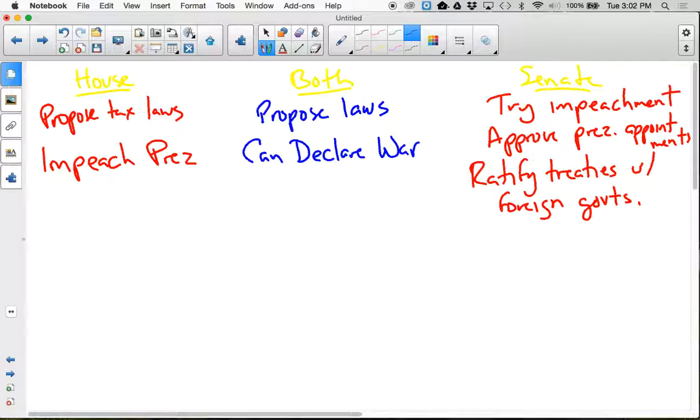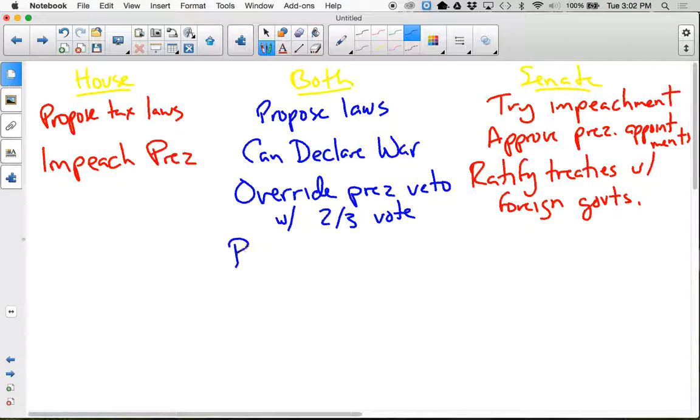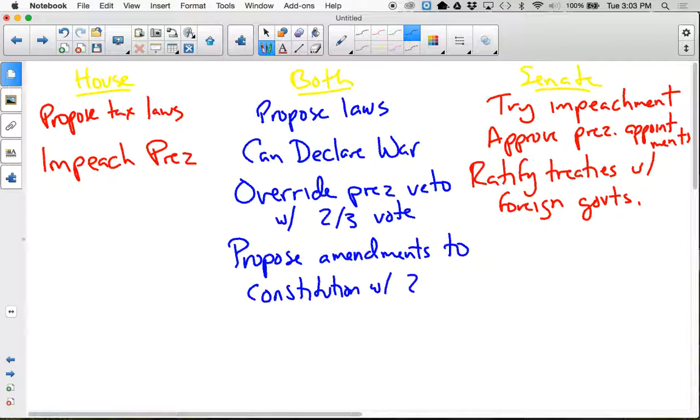They can override a presidential veto with a 2/3 vote. Talk about that more in a second, but if the president vetoes a bill, it goes back to the Senate or the Congress and they can override it. And they can propose amendments to the Constitution with a 2/3 vote.